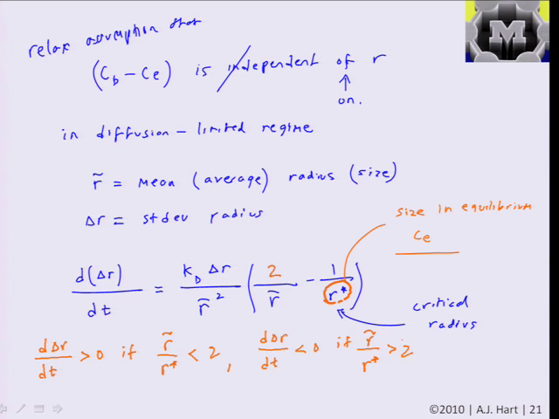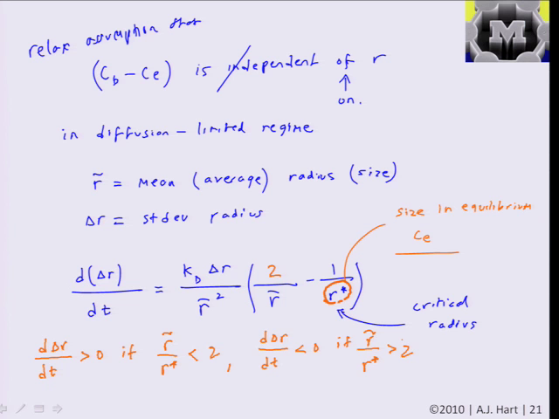So the rate of change in the standard deviation, the breadth of the distribution, whether the distribution is getting fatter or getting narrower, depends on the ratio between the mean size and the critical size at the particular conditions we're operating at.